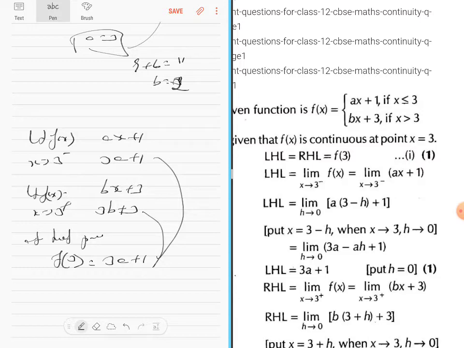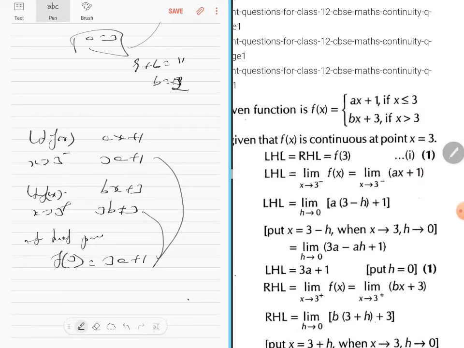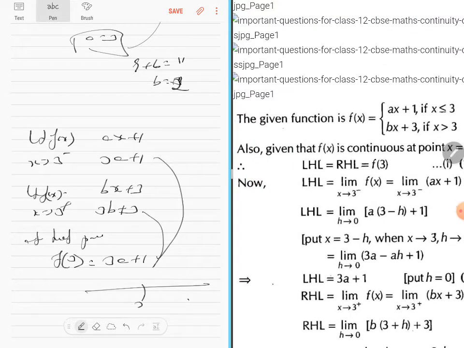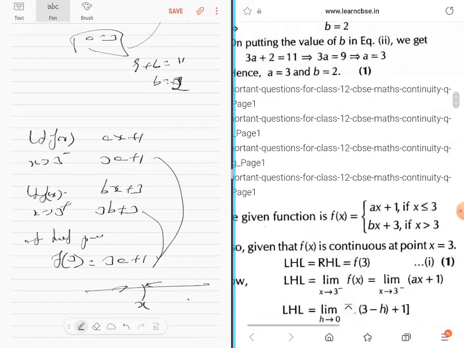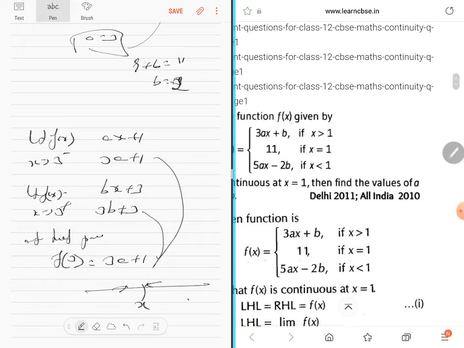So how can you equate it to 3? Continuity at 3 means x value is 3. I cannot write f of x to be 3. That's a lot of misunderstanding there. I hope you are not confused. See, in the previous sums they would have clearly given it to be 11. f of x itself, the y value itself is 11.